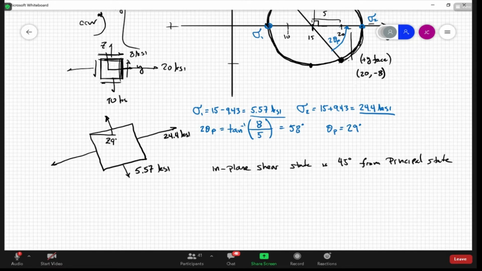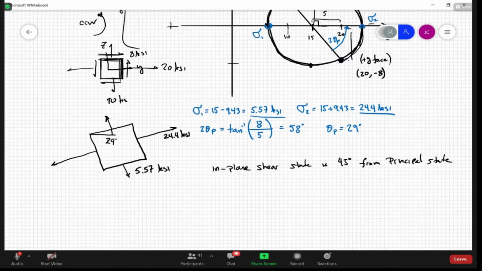So we're at 30 degrees, I'm rounding up, 29 degrees, and then we always rotate another 45 degrees. So that's 74 degrees.